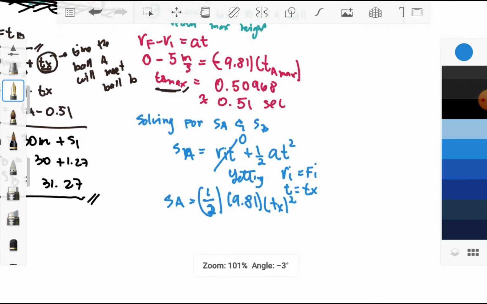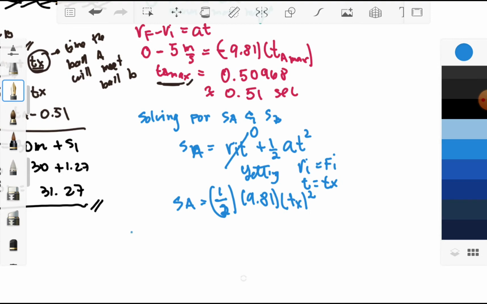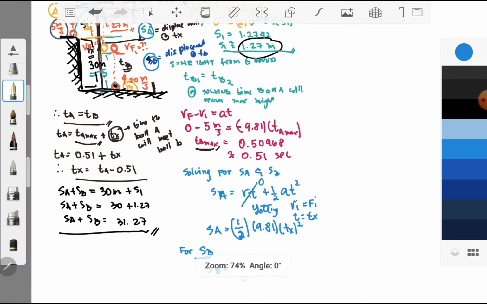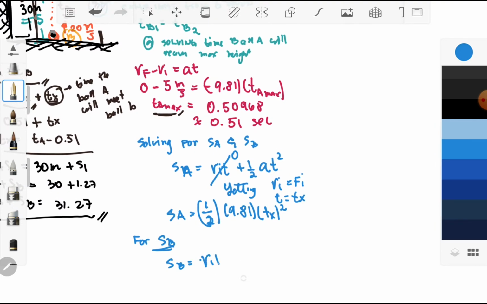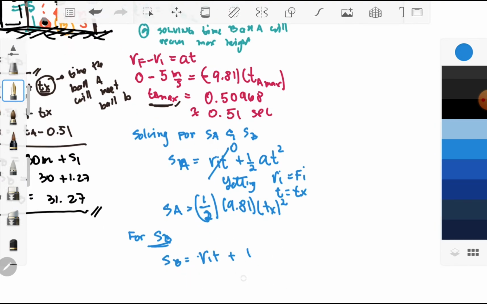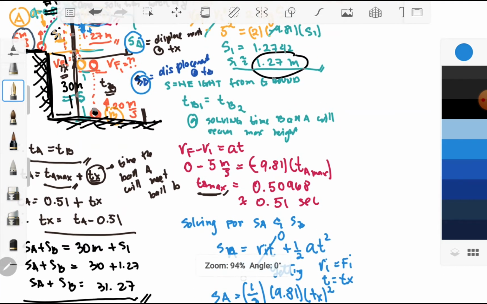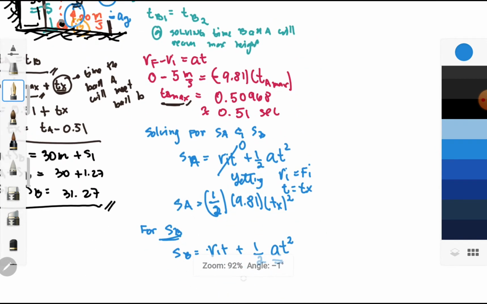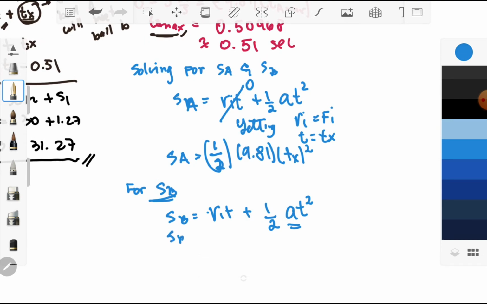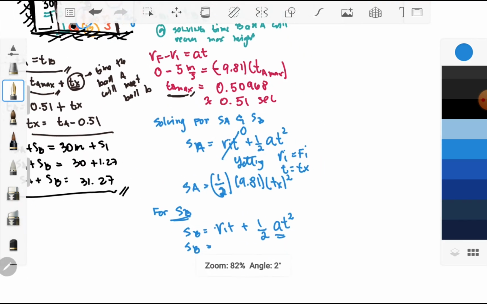So, solving for our SB. For SB, we have VIT plus 1/2 AT squared. Take note that your acceleration is against the direction of your motion, therefore your acceleration is equal to negative G. So our SB is equal to VIT, where our VI is 20 meters per second, tama?